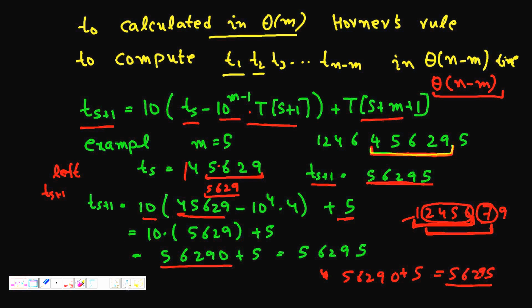If this is done, we have calculated t1, t2, t3 till tn minus m, and now what we have to do is compare p with t0, t1, t2 till tn minus m, and for whichever it is equal, it means those windows are having the pattern. So it's that simple.